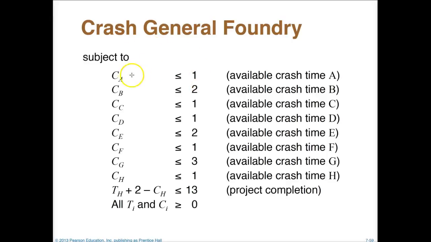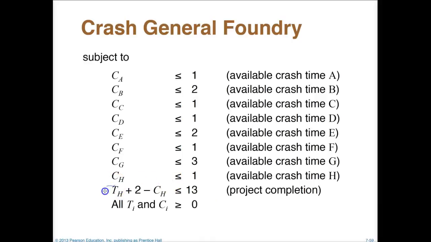Now, for the amount of time that we want to crash, activity A is 2 weeks long, so we have 1 week or less to crash that. For activity B, it's 3 weeks long, so we only have 2 weeks or less to crash that, and so on and so forth.